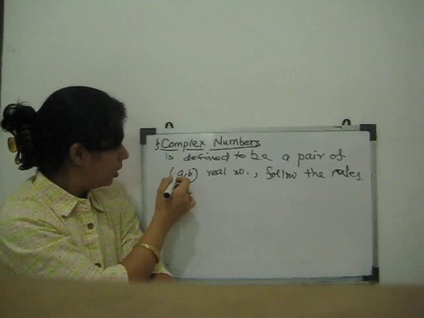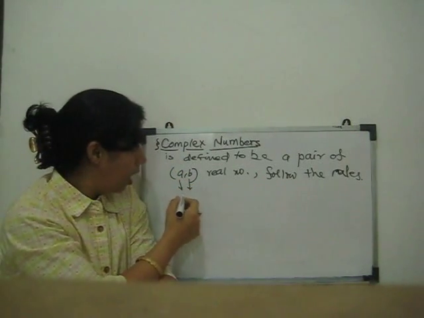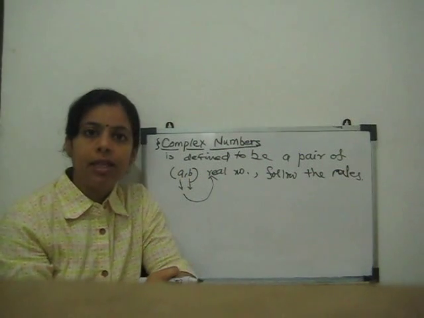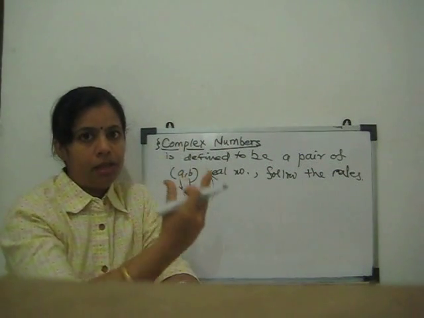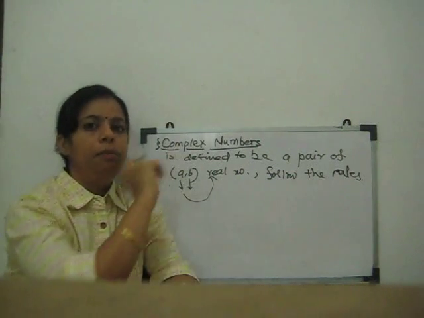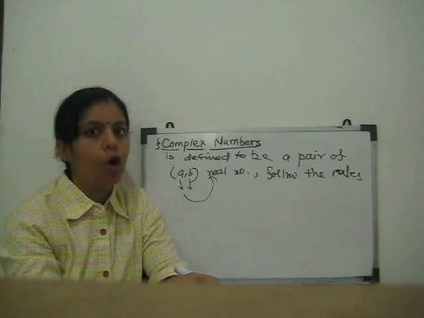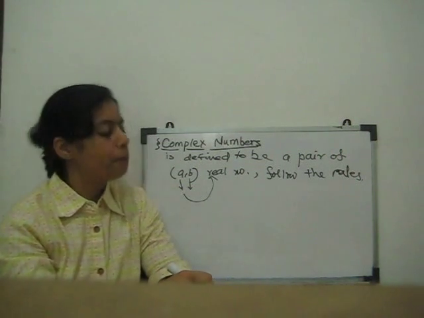So A individually and B individually are both real numbers, but when they combine with some rules, then it gives the image of a complex number, and it follows some rules.